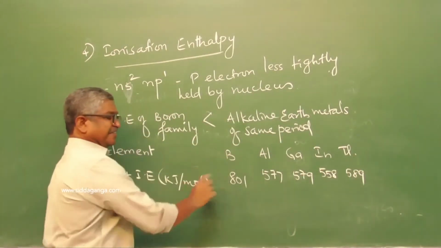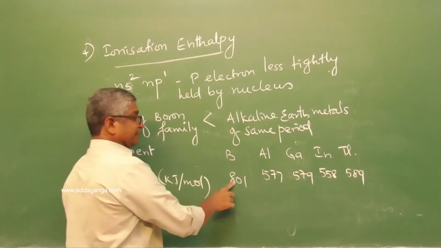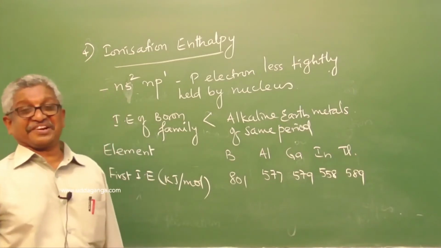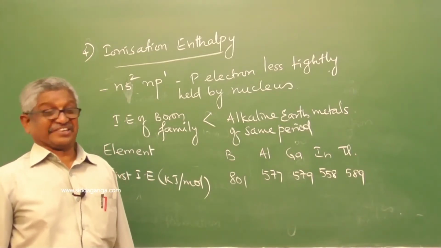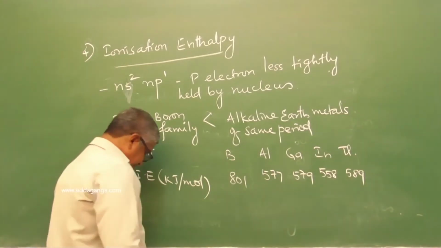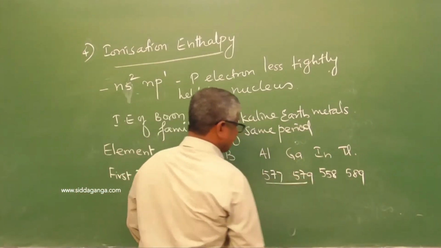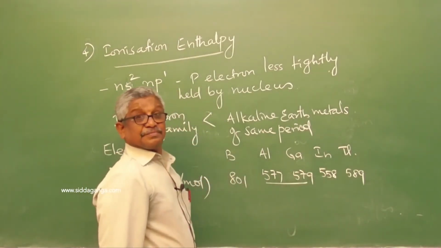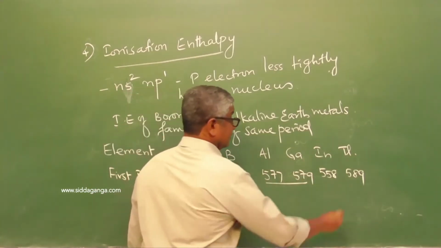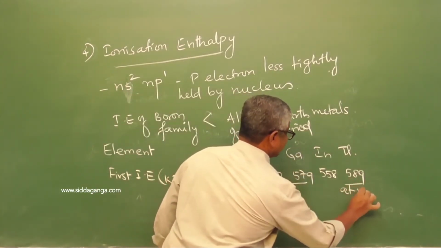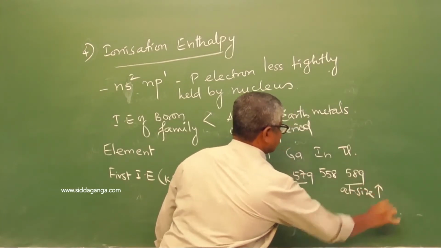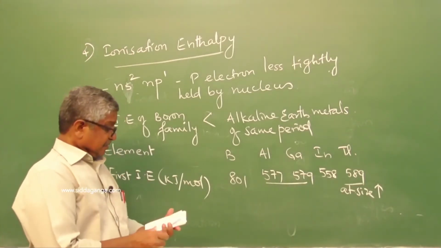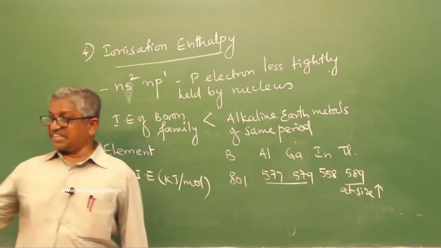So boron has more ionization enthalpy when compared with aluminum. The reason is shielding effect or screening effect. Almost these two have near the same value, then it decreases because of the more nuclear force of attraction. But here the atomic size increases, responsible for that.